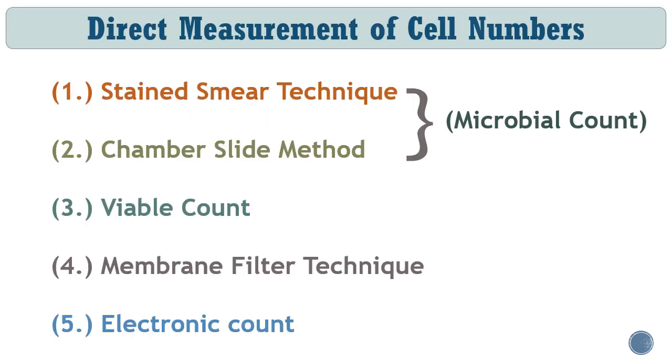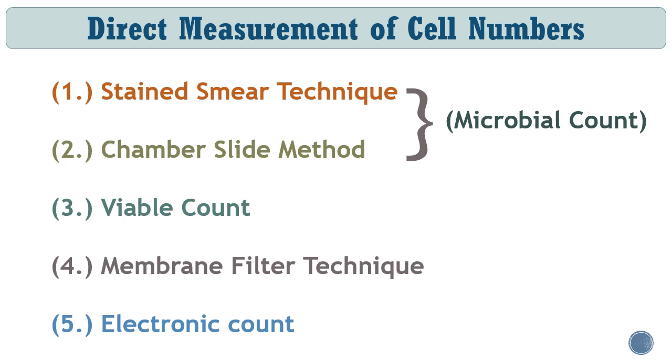Direct measurement of cell numbers contains various methods including microbial count, viable count and electronic count. So these three are the major methods. In microbial count there are two methods, that is stained smear technique and chamber slide method.